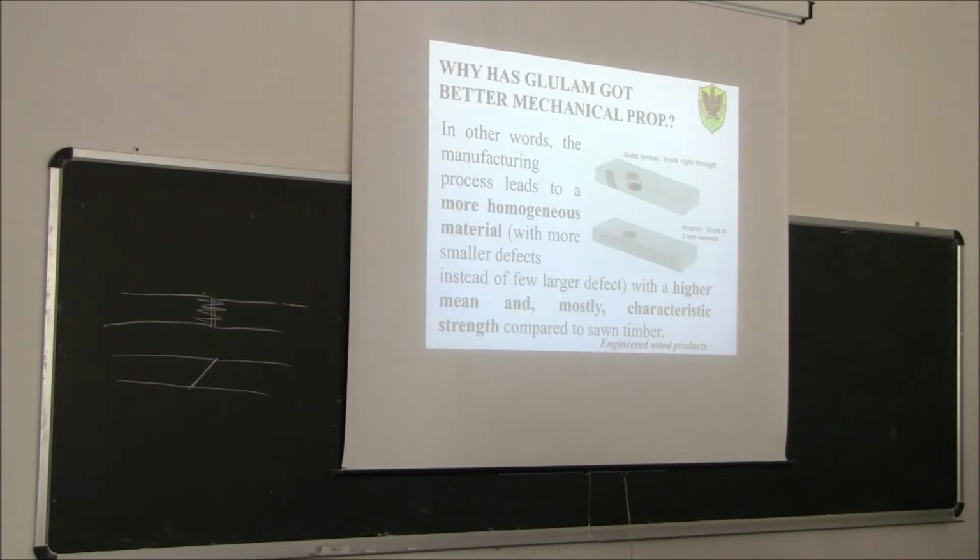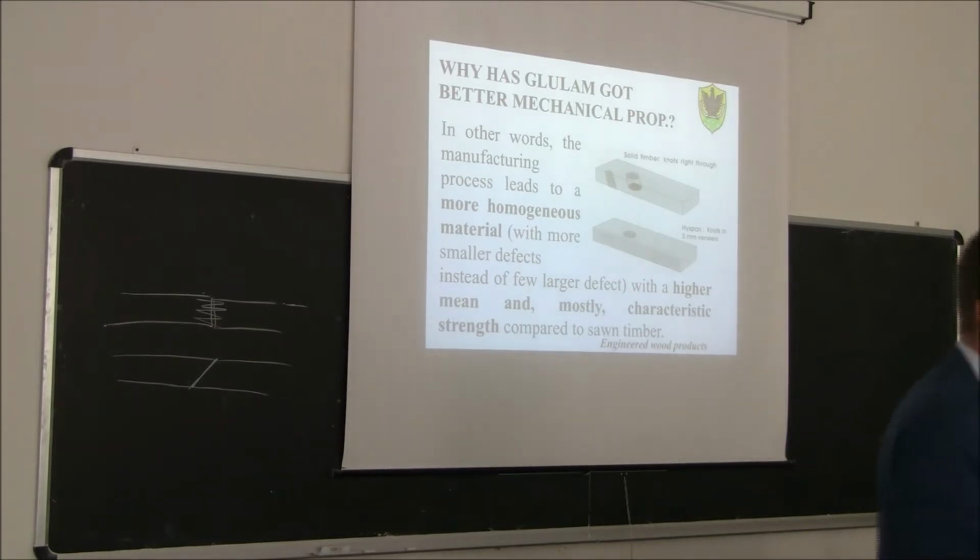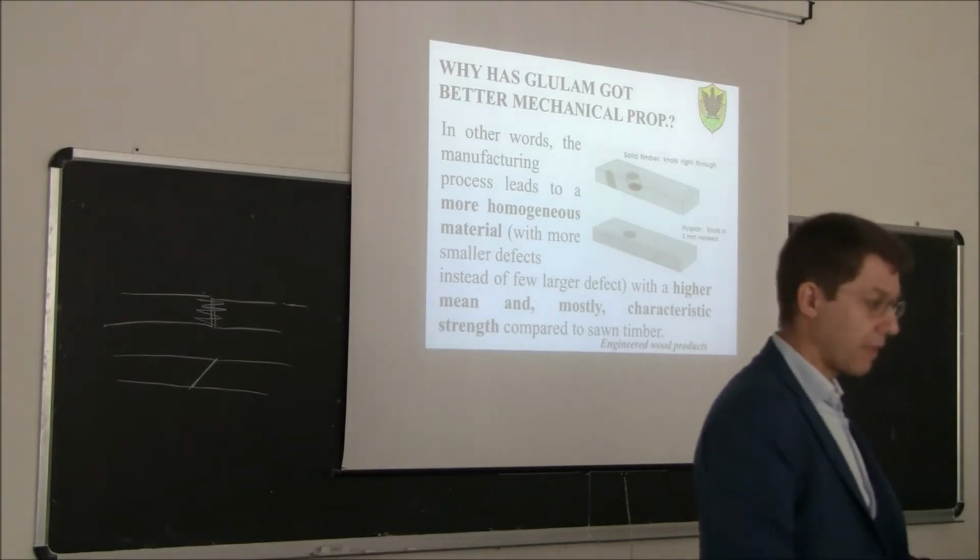So basically, if we slice the wood into 3 millimeter veneers, in the end, the influence of the knot is negligible. So it's like having no knots at all. Okay? At the end, I cut the lines of wood to reduce the influence of the defect, exactly.